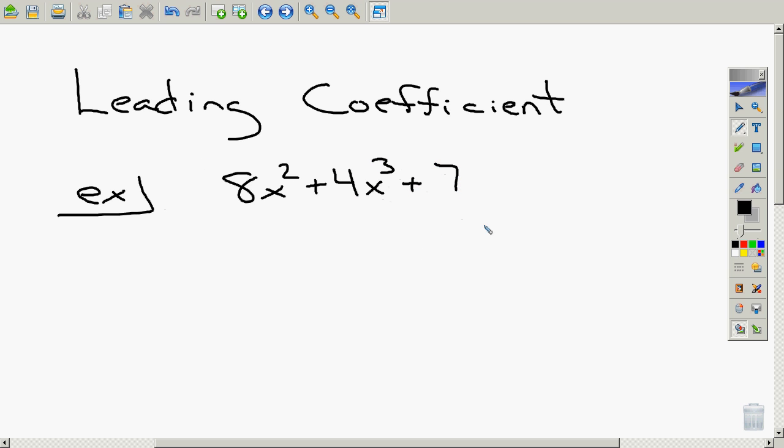The first thing, you have to put these in the right order. So it should say 4x to the 3rd plus 8x squared plus 7. Now the leading coefficient then is the number, the coefficient in front of the first term. So in this case, the leading coefficient is 4. But you first have to put them in the right order, and then you'll be able to see the leading coefficient.